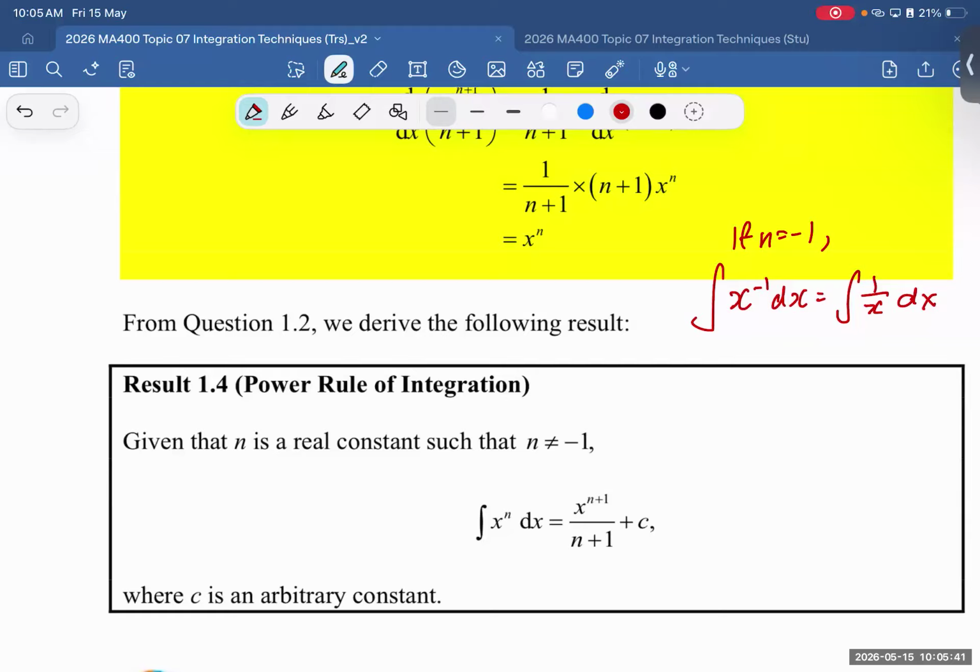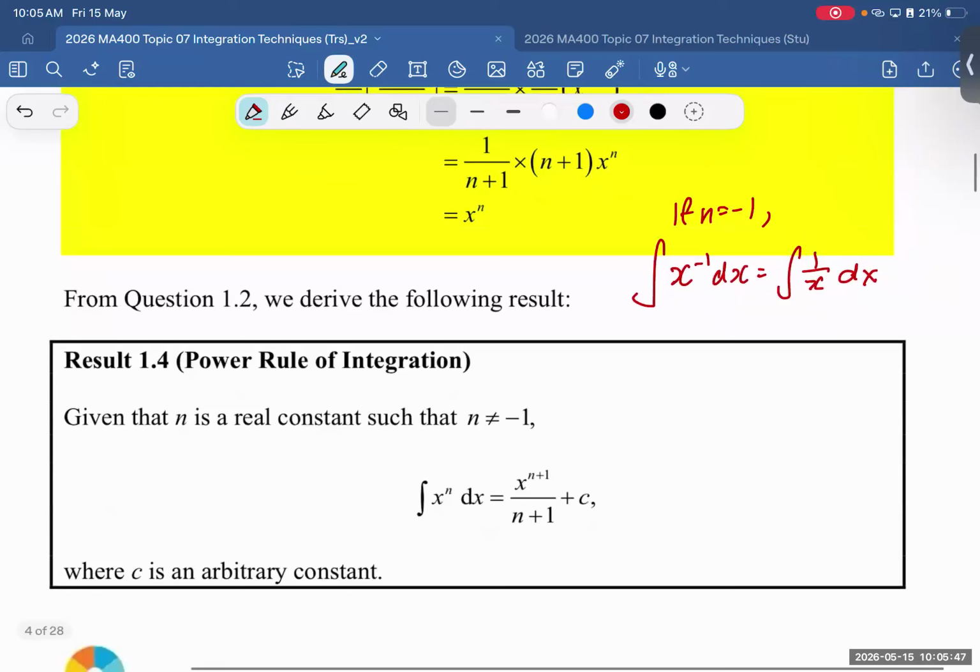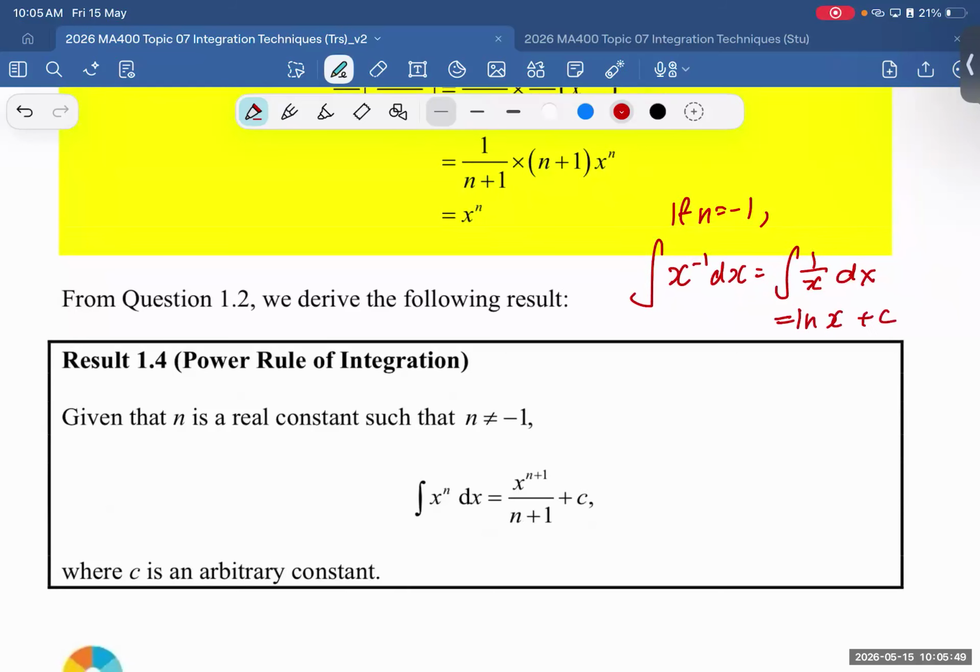Joshua, so if I integrate this one, what do I get? Correct, well done. So this will give me log x plus c. We will learn that later on.